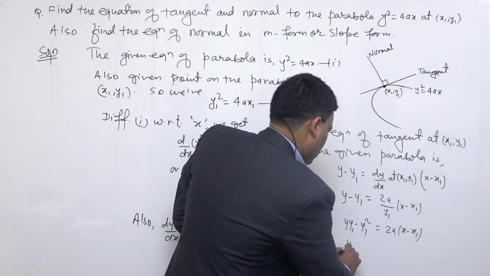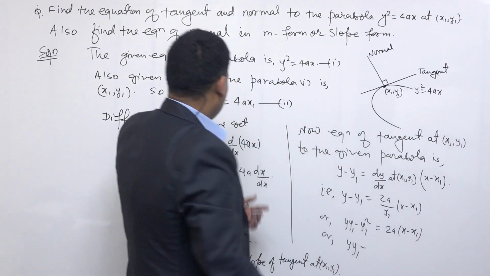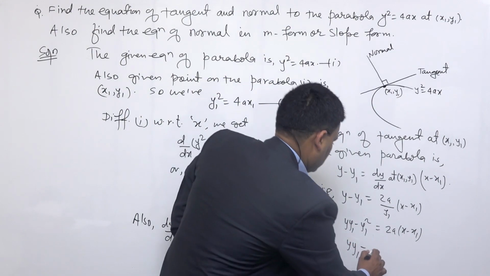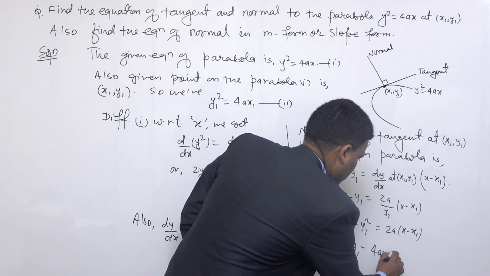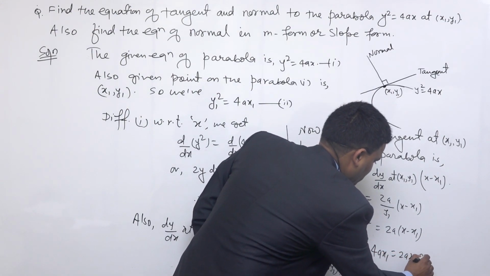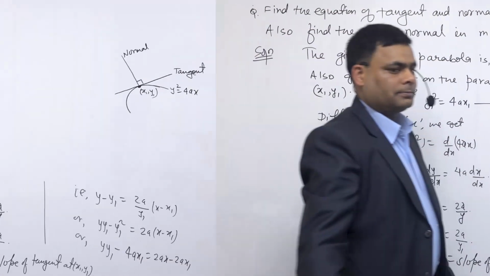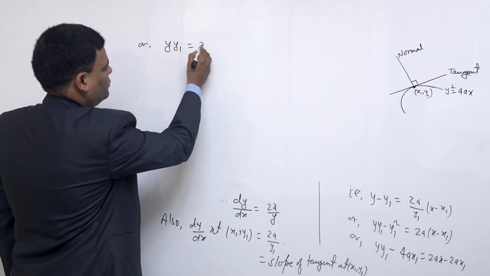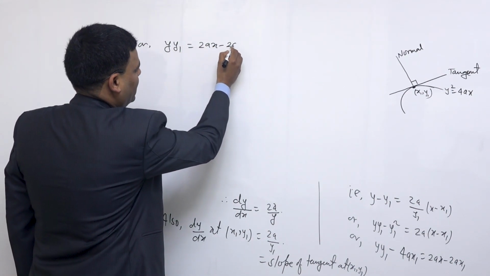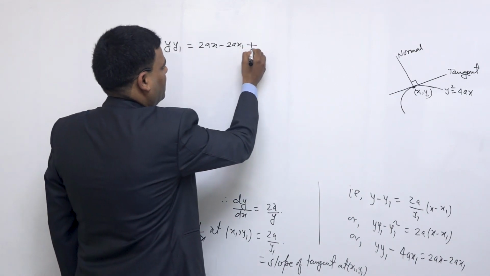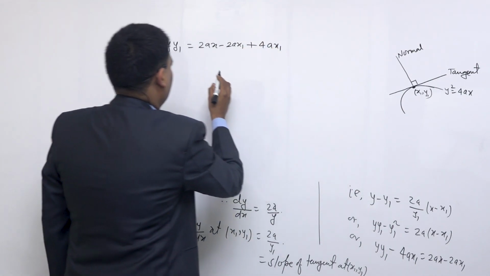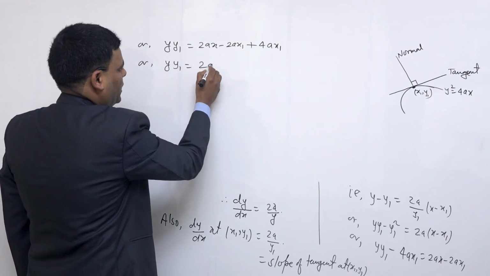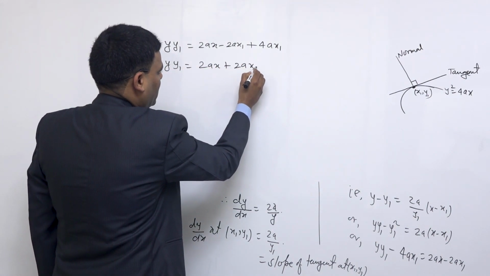Here we have the value of y1 square equals to 4a x1, so y y1 minus 4a x1 equals to 2ax minus 2a x1, or y y1 equals to 2ax minus 2a x1 plus 4a x1, or y y1 equals to 2ax plus 2a x1.